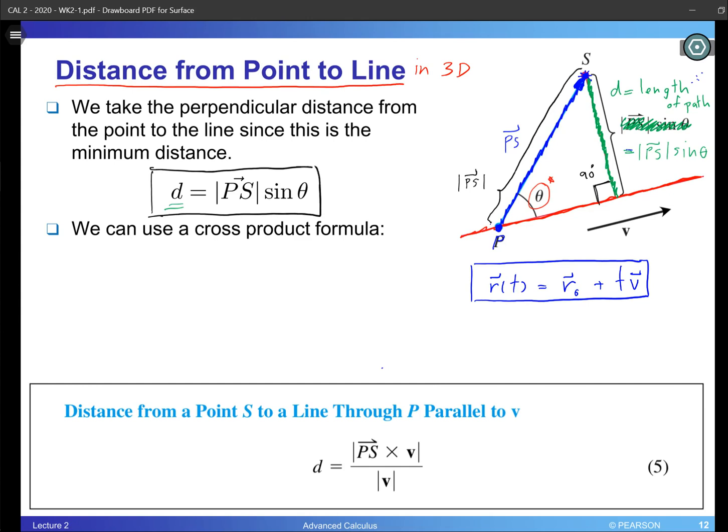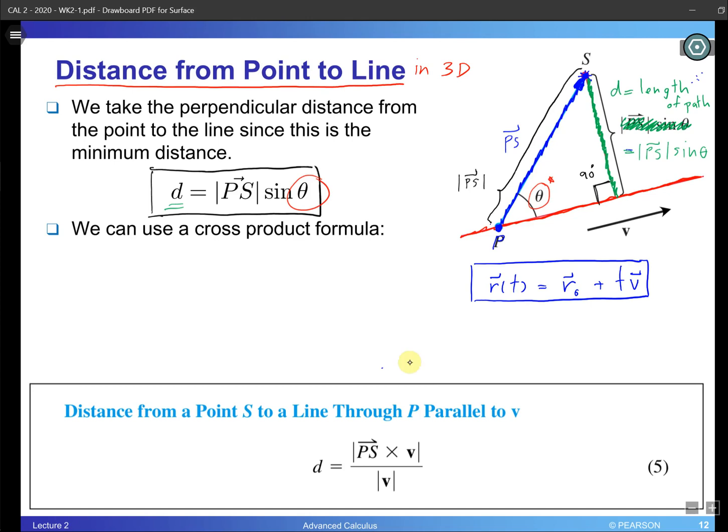But it turns out that there is a small problem with this formula, which is this theta. Why is it a problem? Because usually we have the information of the line, the information of the point, but with this theta, we don't usually know the angle between the vector PS and the vector of the line, so this theta is mostly unknown from the problem.